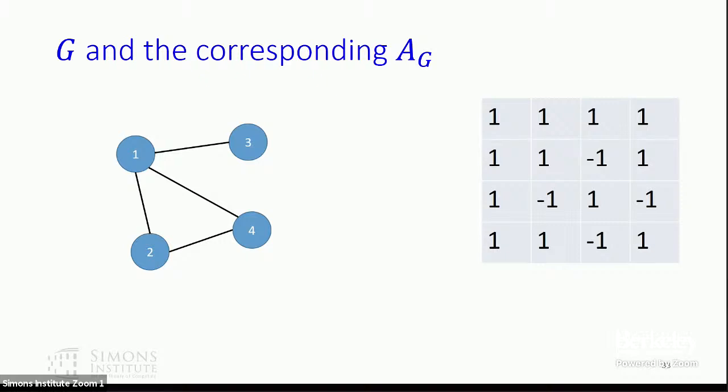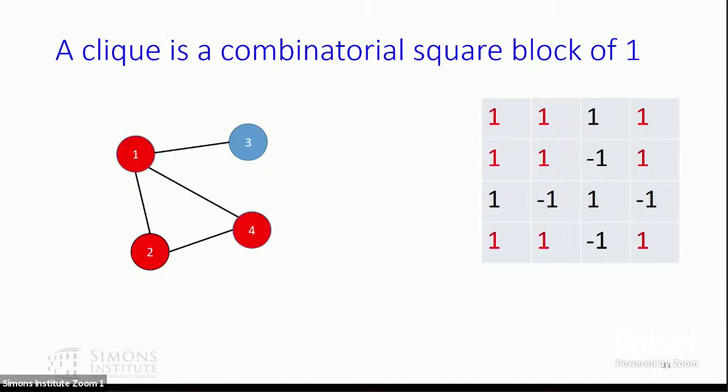Okay, so that's the matrix. And if I look at any clique, let's say the triangle, it forms a combinatorial square block of all 1s. Combinatorial in the sense that it doesn't have to be consecutive. After rearranging the rows and columns, it becomes a block.